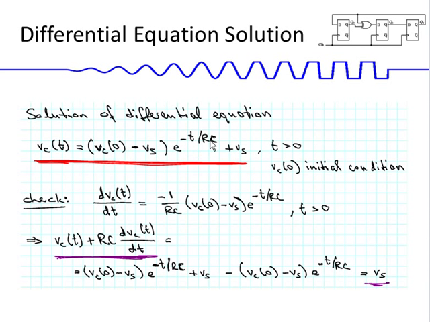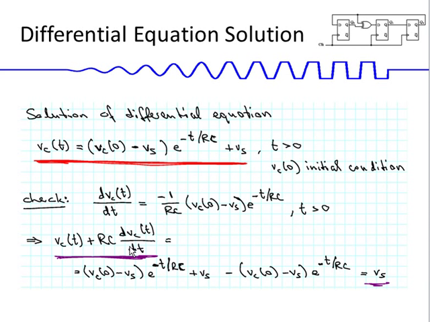The decay rate is given by the time constant RC of the circuit, which we obtain from the combination of the resistor and the capacitor.